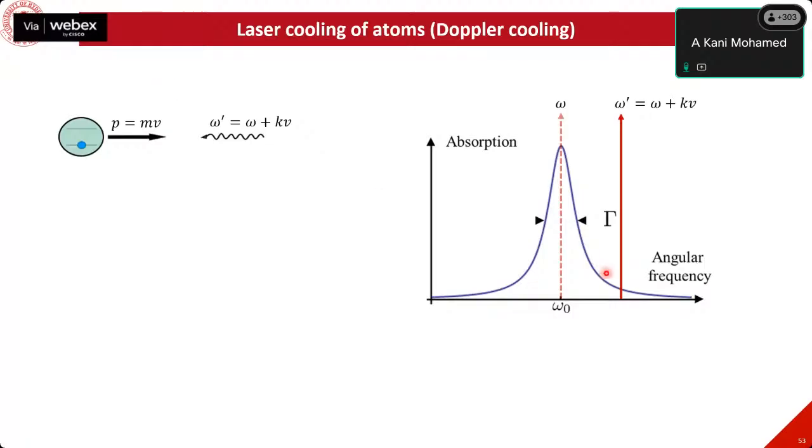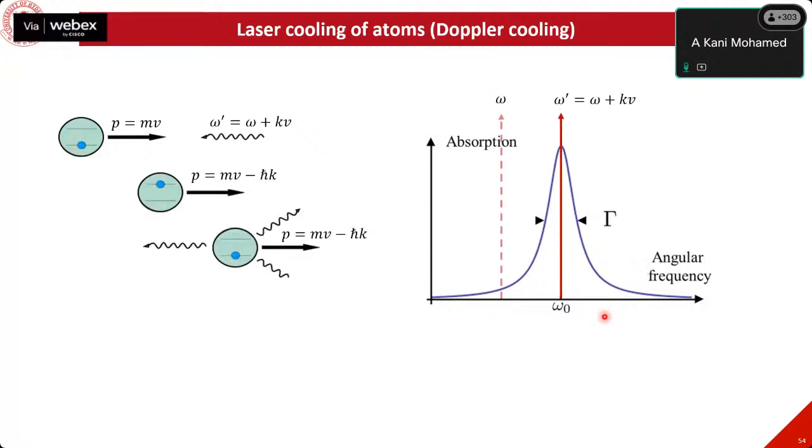So what we have to do is adjust this frequency. Instead of sending the resonance frequency of the atom, we send a frequency that is less than the resonance frequency. This is also called a red detuned laser.